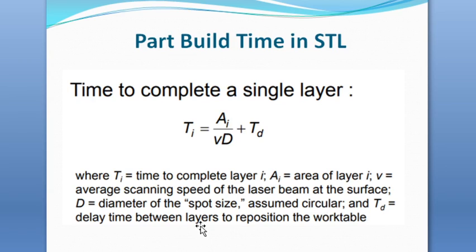Td is the delay time between the layers to reposition the work table, and it is added to this one. So, this is the time to complete a layer: area of the layer divided by average scanning speed multiplied by the diameter of the spot size, always a circle, plus Td, the delay time.